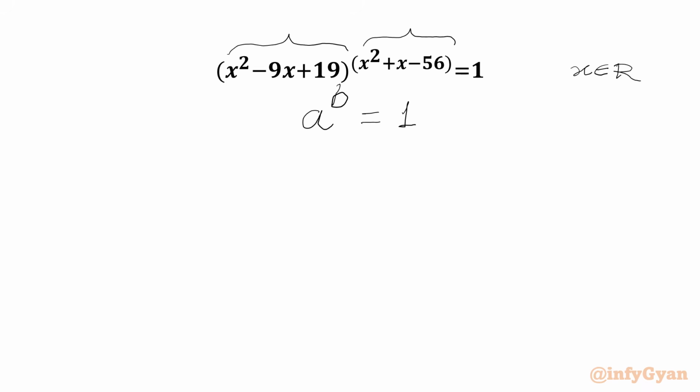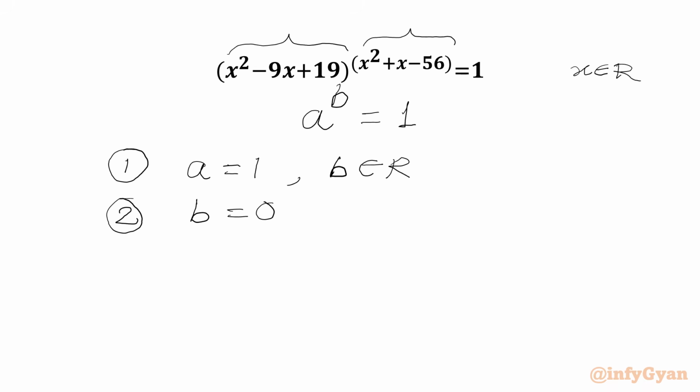For this equation to hold true, we will write three conditions. If our base is equal to 1 and its power belongs to real numbers, then we will get RHS 1. Second case, if b equal to 0, the exponent is equal to 0, at the same time a should not be 0, then we are going to get right hand side 1.